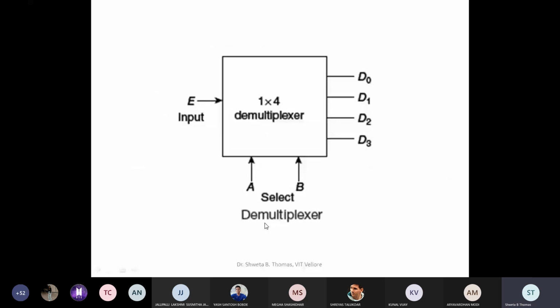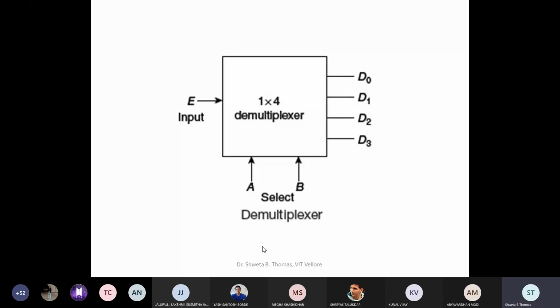You can see the circuit, and if you have any doubt, you can ask me. If there is no doubt, then I will move forward. So if selection line AB is equal to 0 0, then which output will you get?